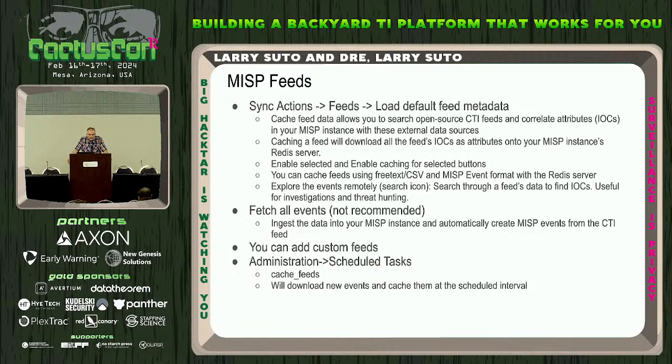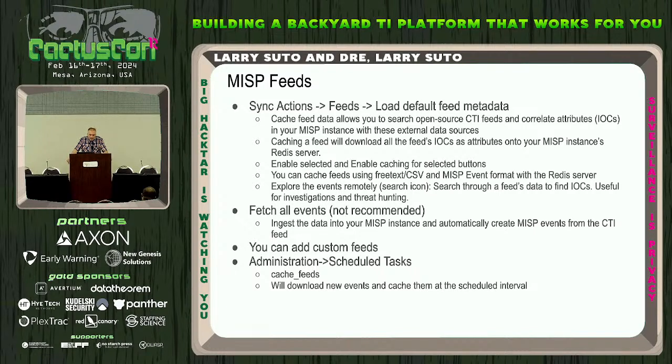Now, these feeds are sometimes like a fire hose of data, and I recommend just loading a feed. The MISP server has a live Redis database in it, and so you can actually just cache the data and the IOCs from the feeds, and you can search them.